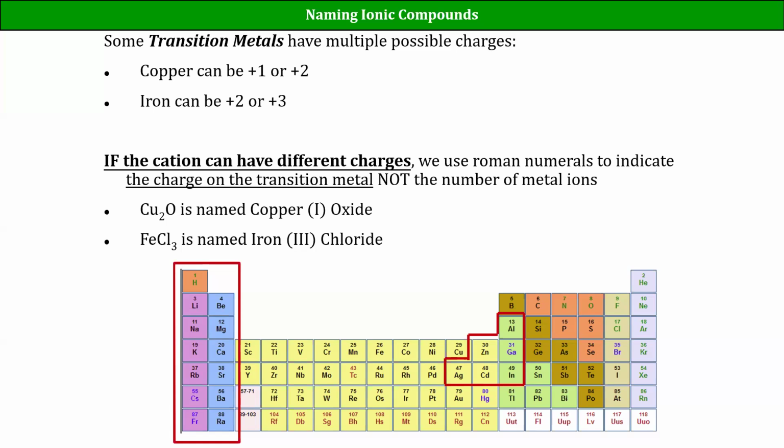So what would the formula be for calcium chloride? Calcium's a what? What charge? +2. Chlorine's a -1. We just did that one, right? So the formula will be CaCl2.